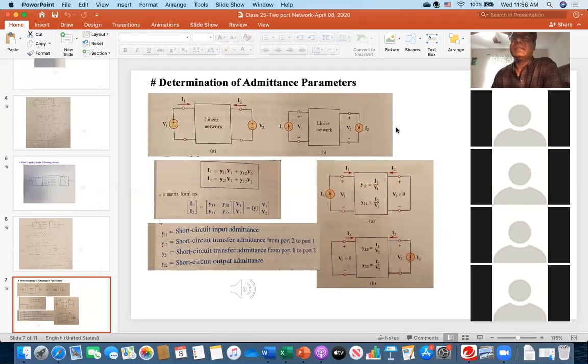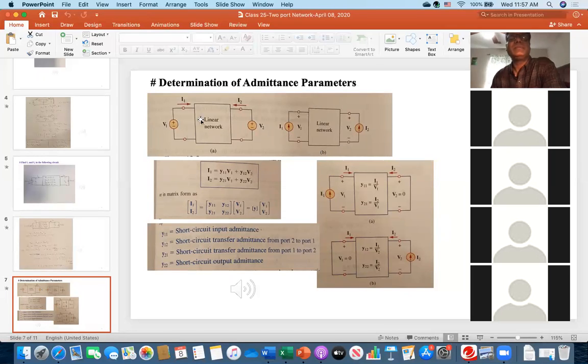Now everybody see, as I told you, the topmost figure, I already showed you this figure. So there is left side part A and part B. But to calculate admittance parameters, we will be considering figure B, where there are current sources.